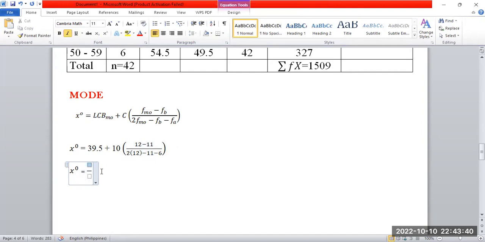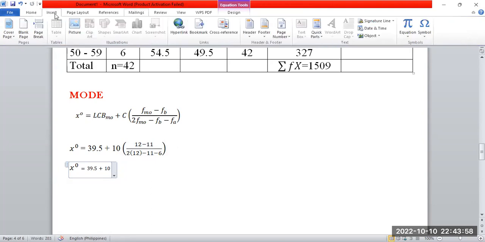So isa-isa natin. Sulat mo natin si 39.5 plus 10. You can actually solve na yung nasa loob. If wala kayo scientific calculator. 12 minus 11, that is 1.